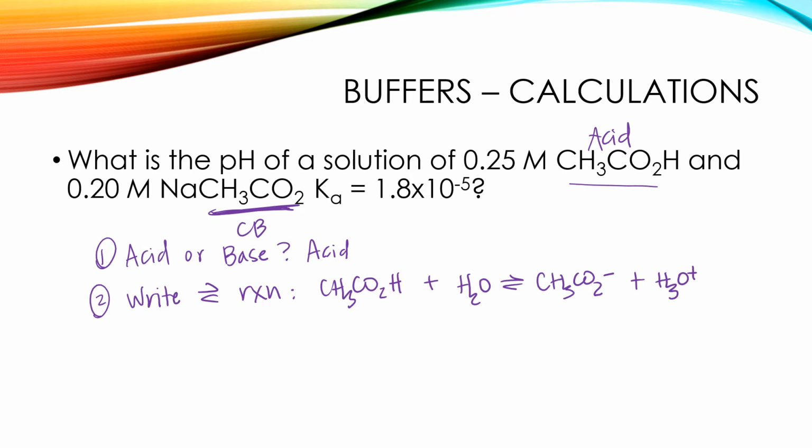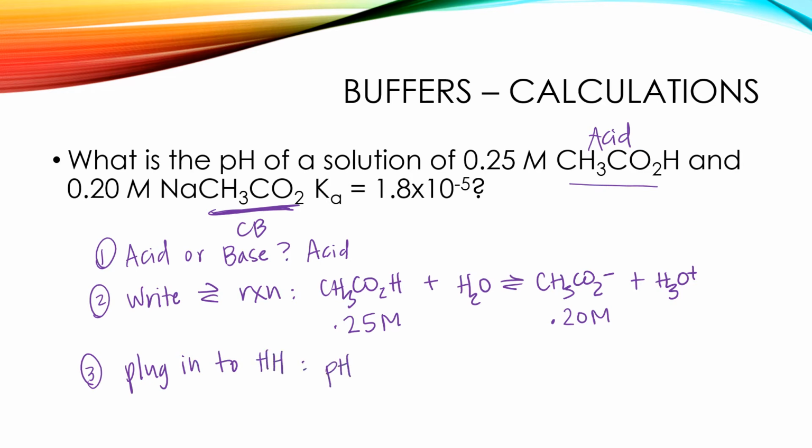And now it's asking for the pH. This is a buffer. Sorry, the acid is 0.25 molar, base is 0.20 molar. So now my third step is to plug it into the Henderson-Hasselbalch equation.